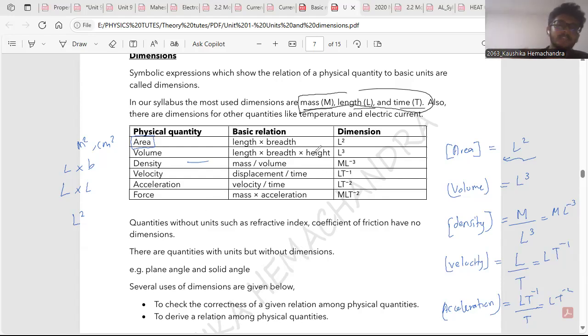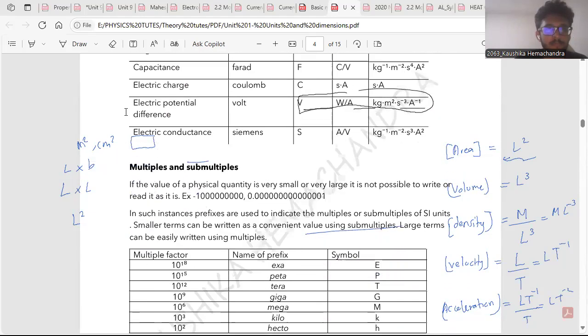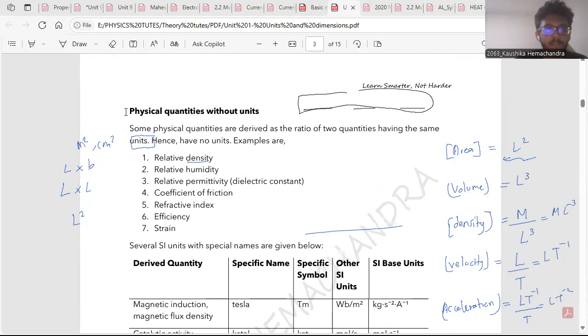So there are certain quantities which have no units, no? Such as relative density, refractive index, coefficient of friction, relative humidity, the dielectric constant.